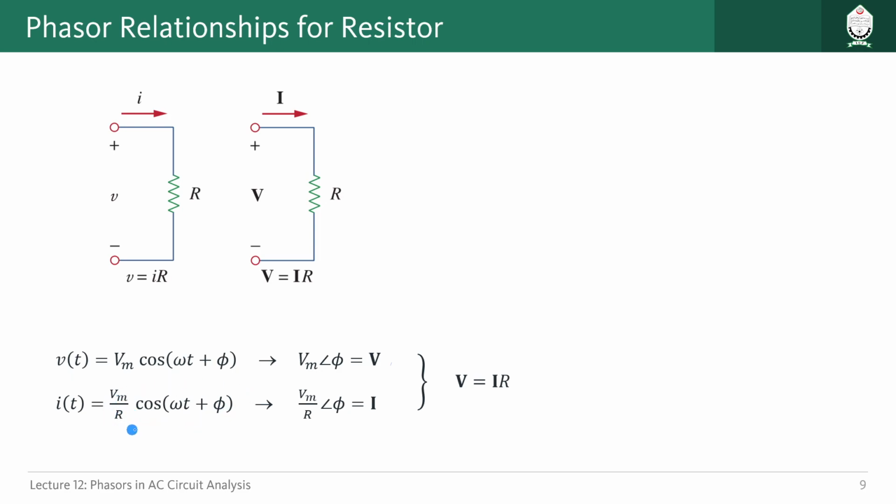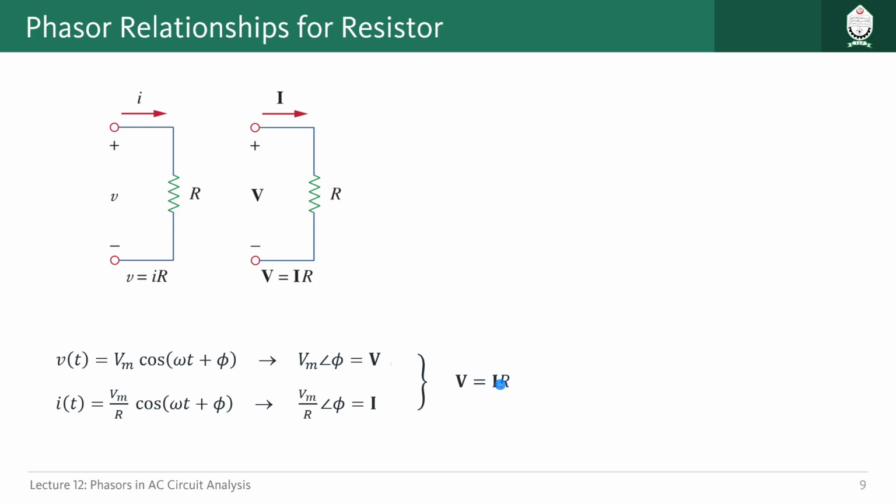Now this thing can be represented in its phasor form like this. So this is the amplitude as modulus, and this is the phase taken as the argument. So this is the value of phasor I. If we compare these two equations, we will see that V is equal to IR. So phasor V and the phasor I has this kind of relationship, exactly like your Ohm's law in time domain quantity.